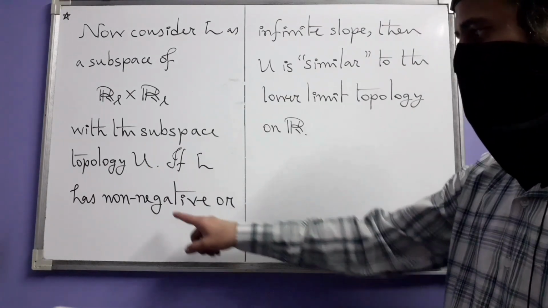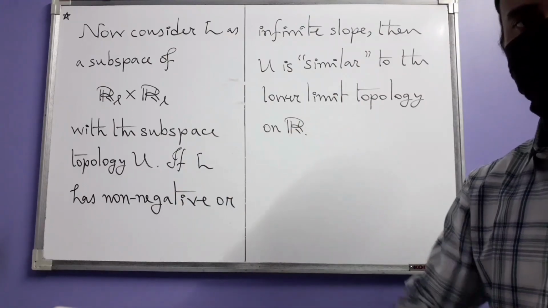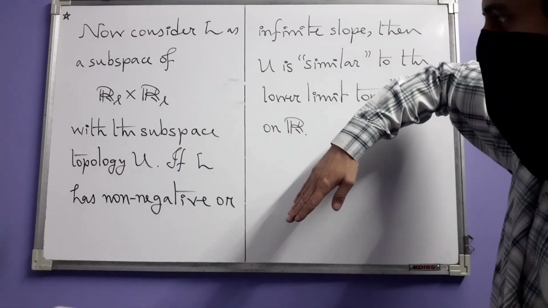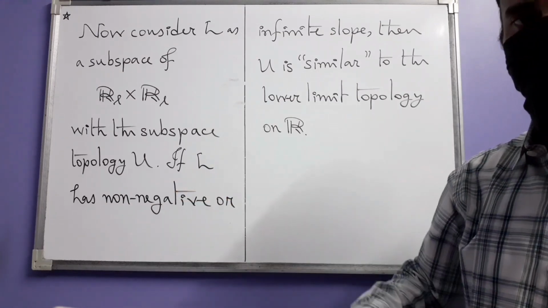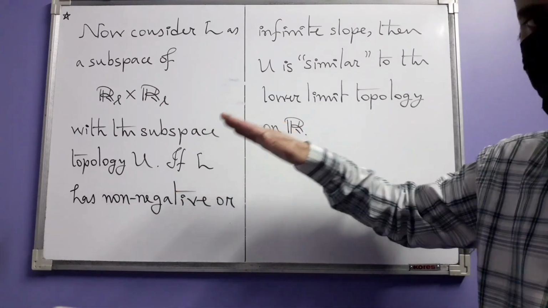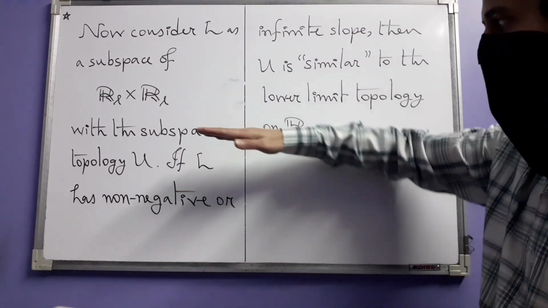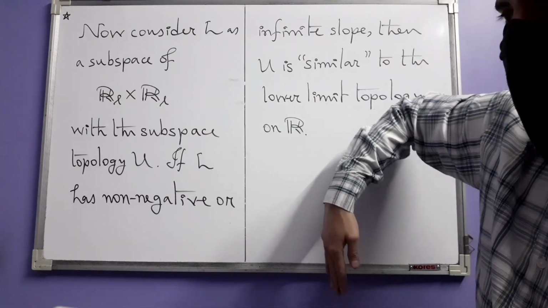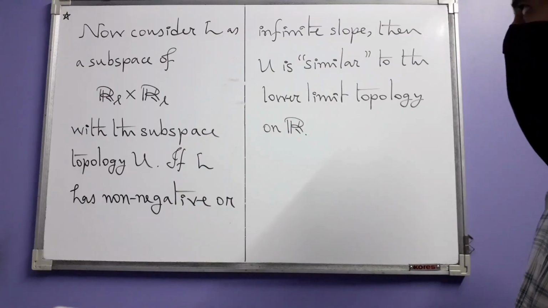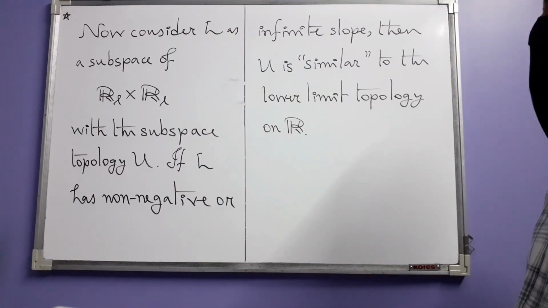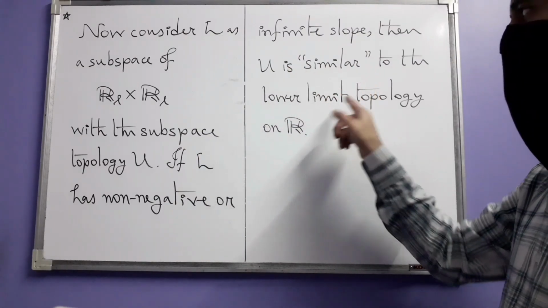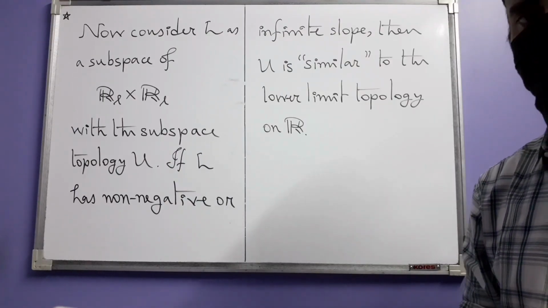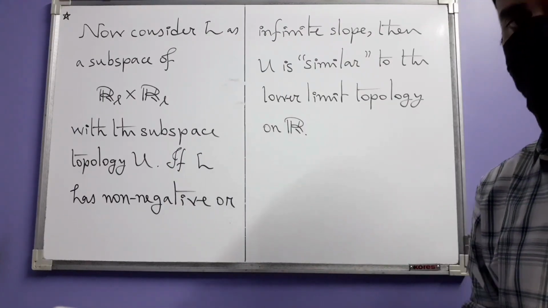This time, if L has non-negative or infinite slope, that means if L is tilted like this, non-negative means the slope can be 0 also, that means L can be horizontal also, either like this or like this or like this. Having infinite slope means being vertical. If that's the case, then U is similar to the lower limit topology on R. I need to draw another diagram because this case is different.